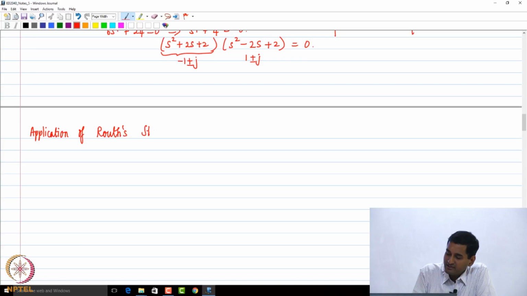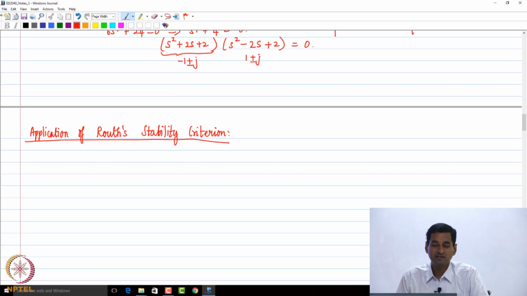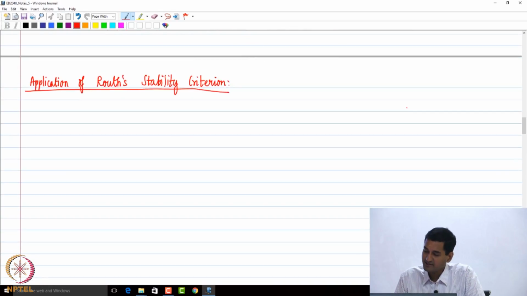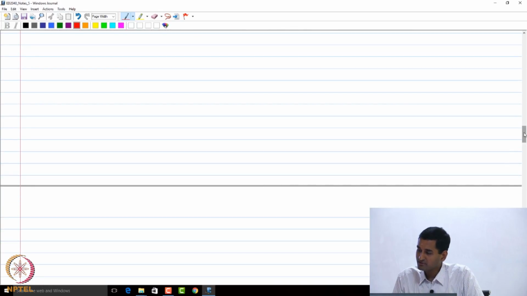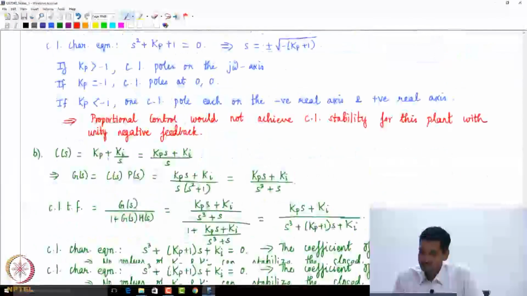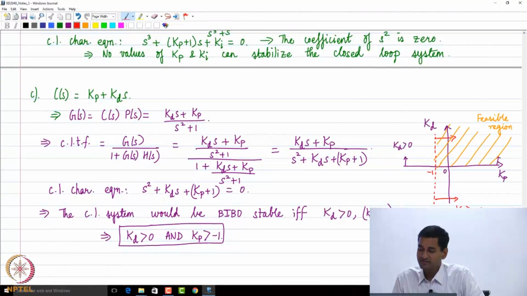We already did one example yesterday, wherein we looked at how to get the feasible region of the controller parameters to give us closed loop stability. This is the example which we did, where we used Routh's criteria to figure this out.